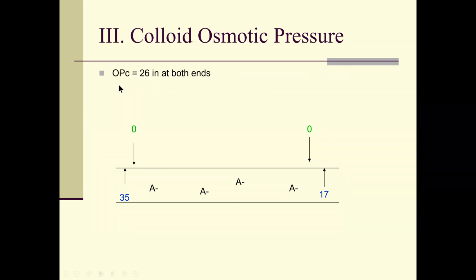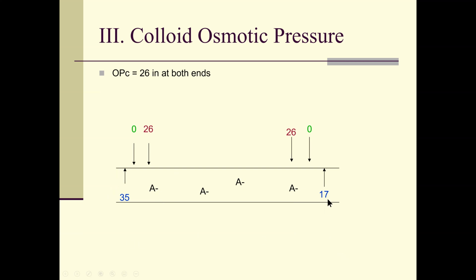The osmotic pressure in the capillary is 26 at both ends. So there is a tendency, because of these proteins, to draw fluid in at both ends. We've got a pressure trying to push out of 35 and to draw the fluid in at 26 at the arterial end.